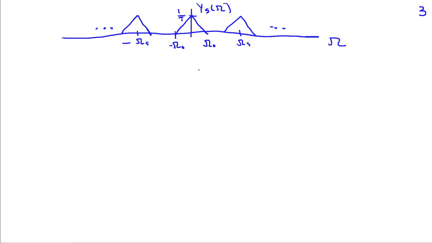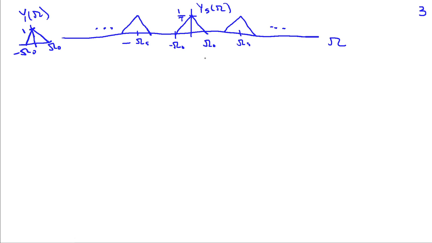So here I've sketched y s of omega, where I've assumed that y of omega is my favorite example of a triangle with bandwidth omega naught and unit amplitude. So when I put that into the expression for y s of omega, we get the replicates, and this continues on at multiples of omega s.